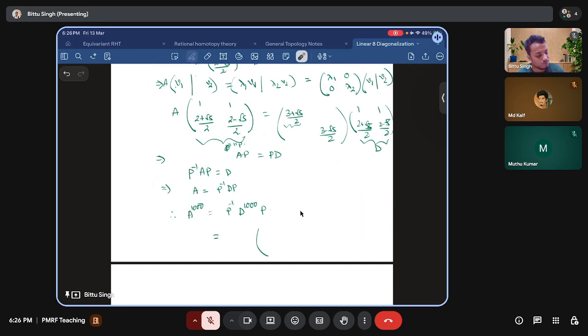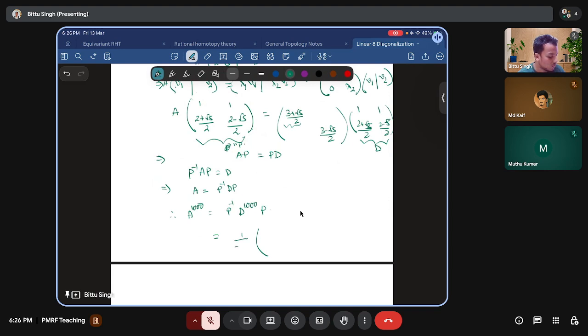That is minus root 5. So 1 by minus root 5 into this matrix: (2 minus root 5) by 2, and the diagonal entries will be exchanged, and we need to put a negative sign for the other entries, minus of (2 plus root 5) by 2.